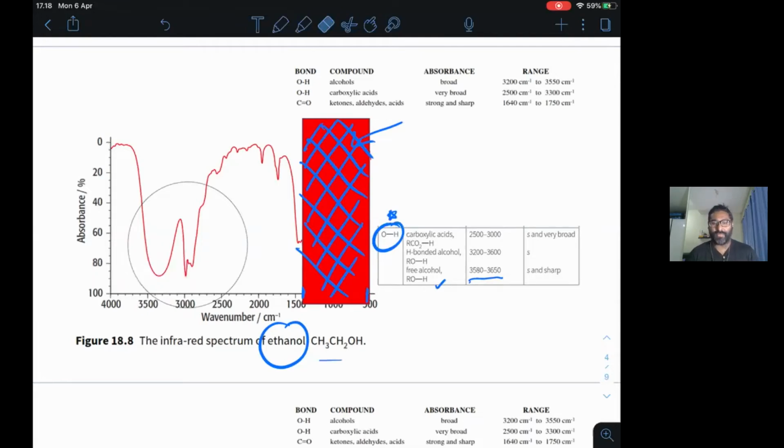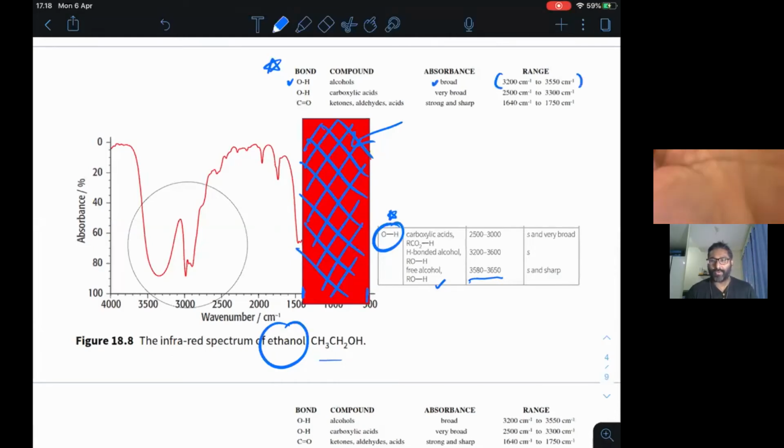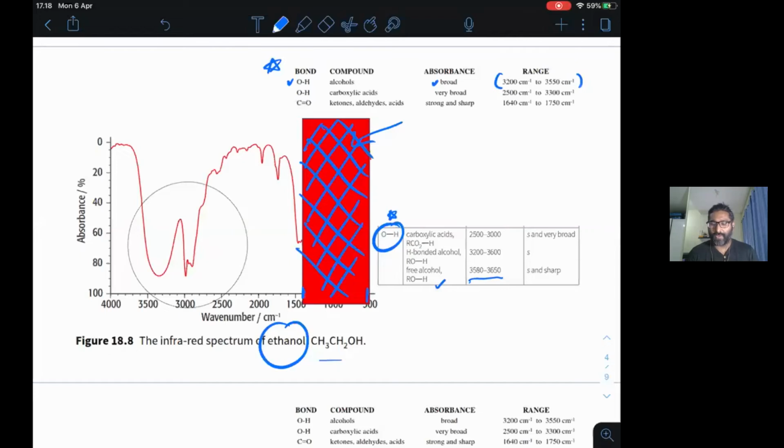Now I will teach you some tricks and tips. If you look at the top over here, this is something that you need to memorize. If you have alcohol, the absorption is going to be broad, from 3200 to 3550.